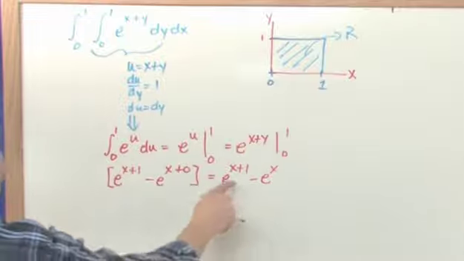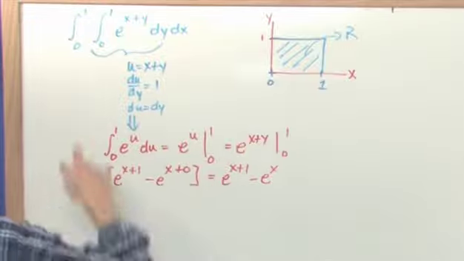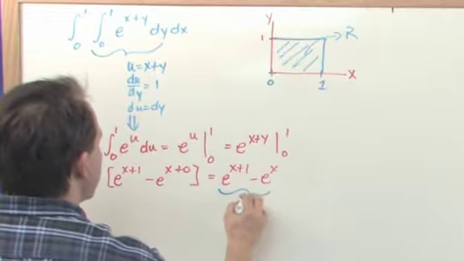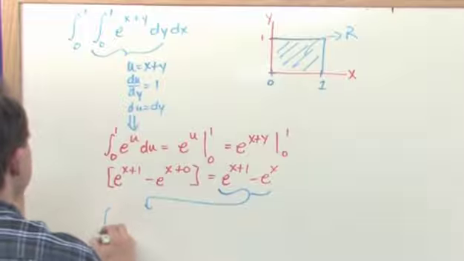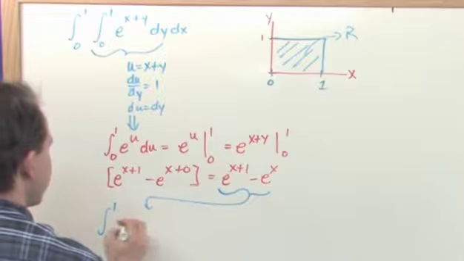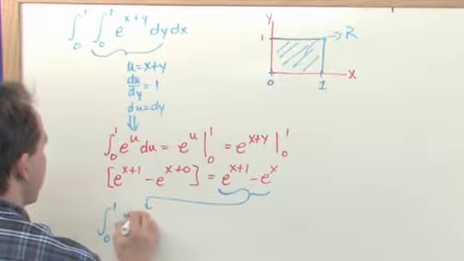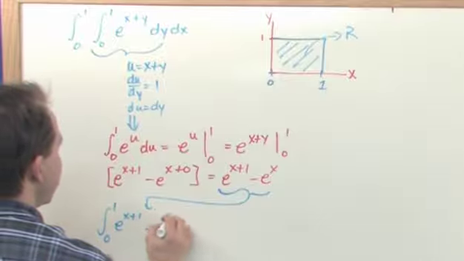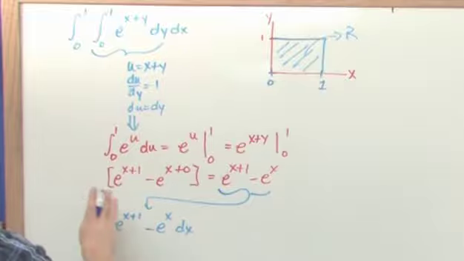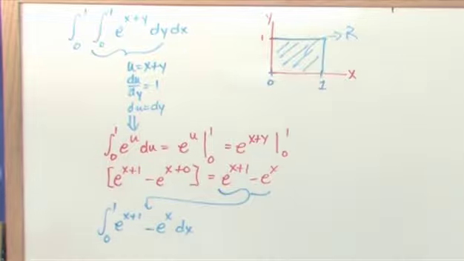Then I'm going to take that result and integrate along dx. Continuing on, I have the integral from 0 to 1, because of this 0 to 1, of the result, e to the x plus 1 minus e to the x, dx. I've already done my integration along y, and now I'm doing my integration along x.